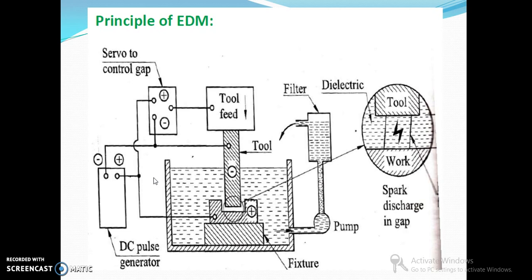It causes further generation of electrons because of ionization of dielectric molecules. This cyclic process increases the concentration of electrons in the spark gap, and when the potential difference is sufficiently high, dielectric breakdown occurs, and a large number of electrons flow from tool to job and ions from job to tool.